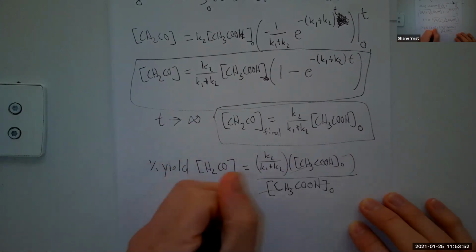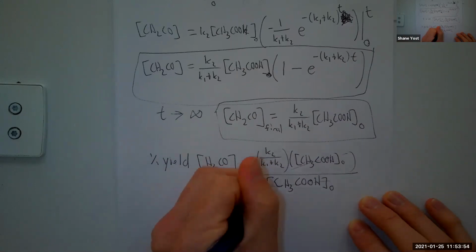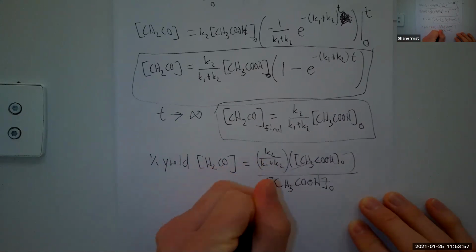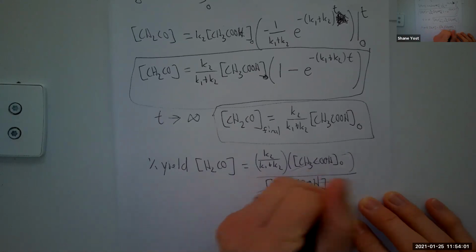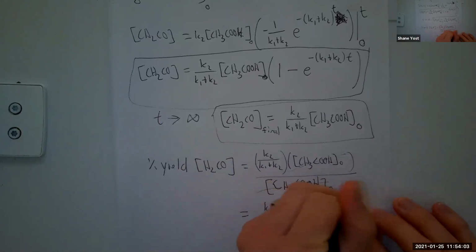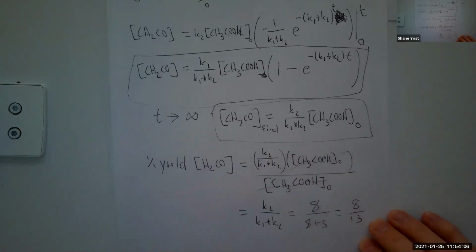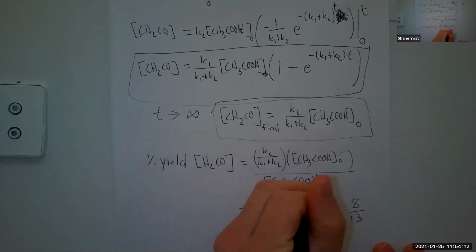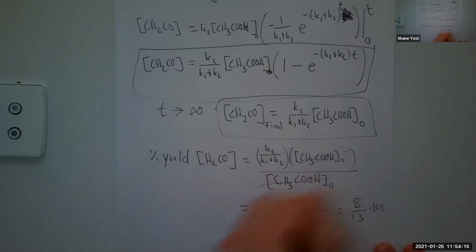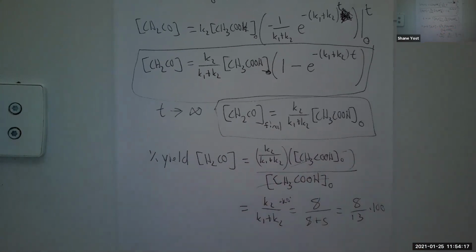And so this percent yield is just equal to K2 over K1 plus K2, which happens to be 8 over 8 plus 5, or 8 over 13. And I guess times 100, if I want to get a percentage. So that's our final percent yield, 8 over 13.